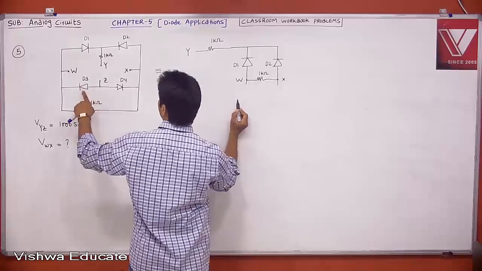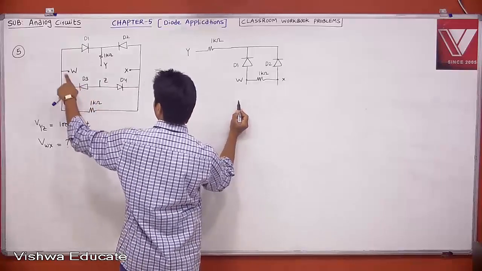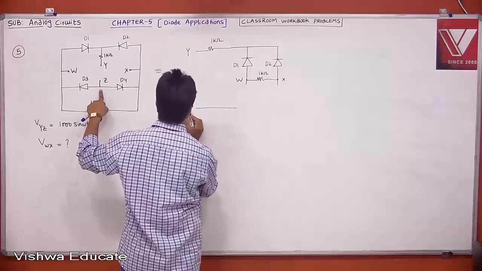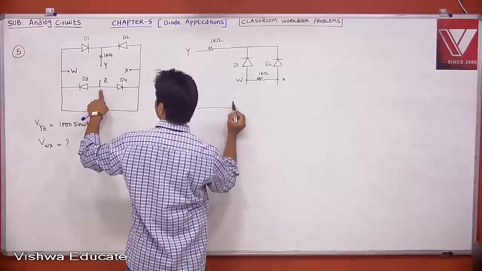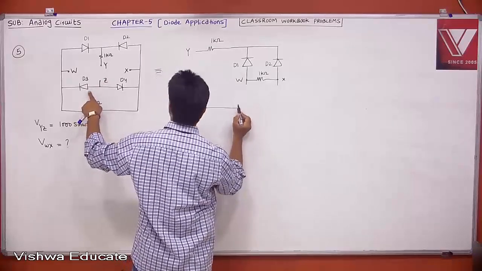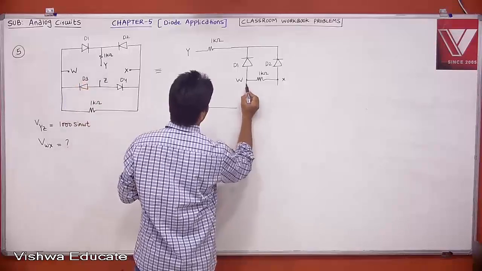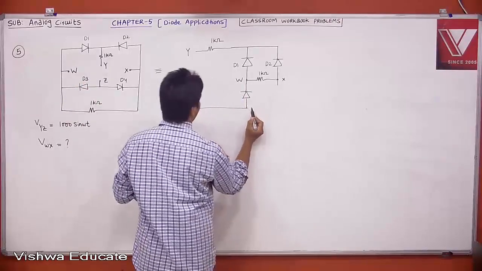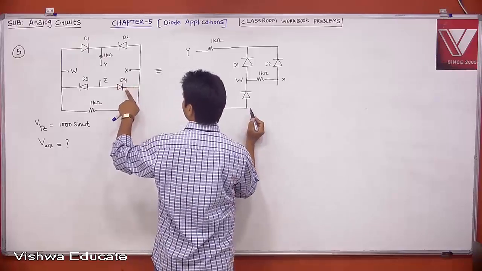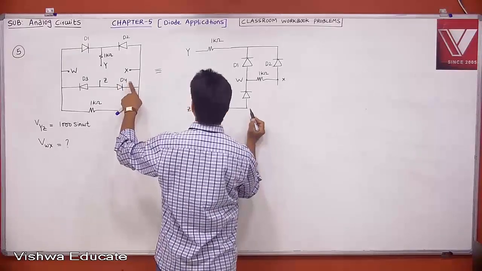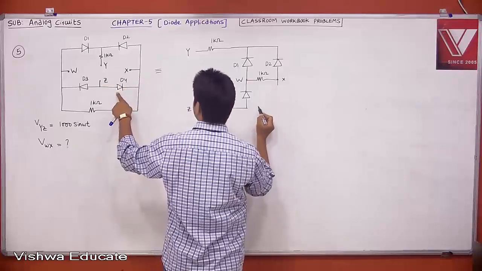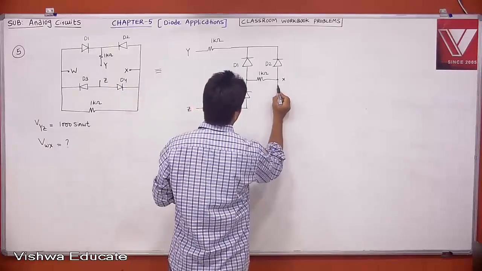Now, what about D3? D3 is connected between W and Z. Let us say this is Z. Between W and Z, Z is the P side and W is the N side. And on the X side, between X and Z, Z is the P side and X is the N side.